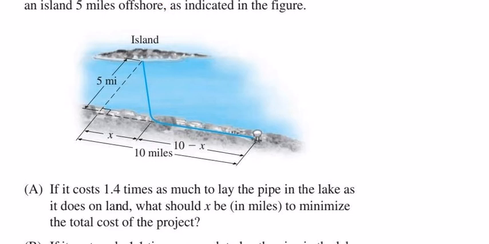We know that if we look carefully, this is about the right triangle. So if we want to find this plane in here, we just use the Pythagorean theorem.